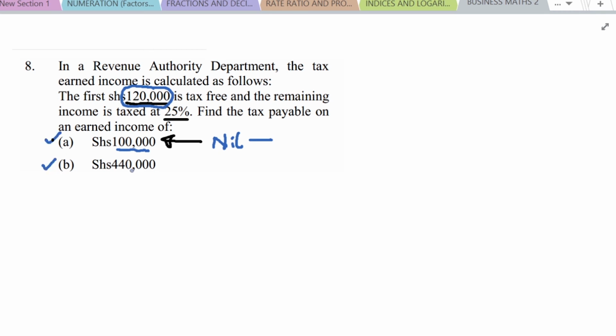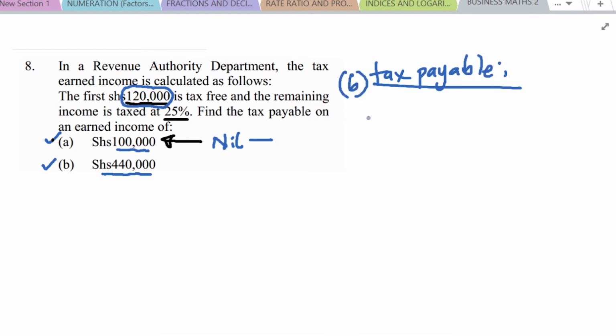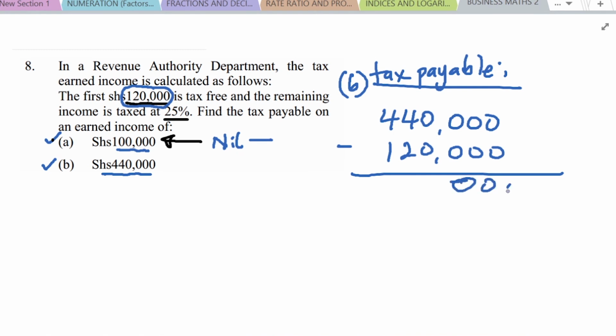Then part B, it's 440,000. That's their income earned. Let's find the tax payable here. Now this one is way above the threshold of 120,000. This is now part B, we shall get the gross earned income, which is 440,000. We subtract the threshold or the tax-free money, which is 120,000. When we subtract those two, we shall end up with 320,000.